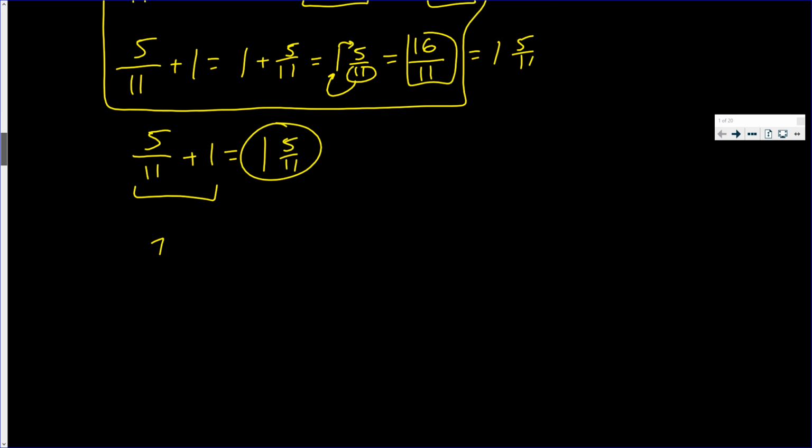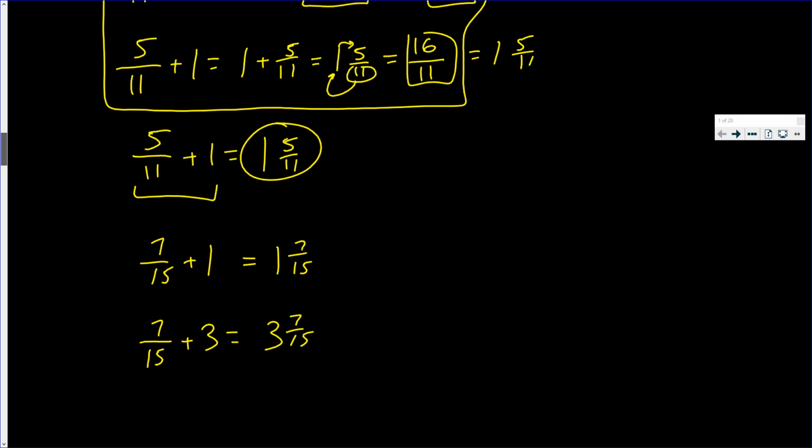If you have 7 over 15 plus 1, and you want to write it as a mixed number, it couldn't be any easier. If you wanted to write this as a mixed number, there it is.